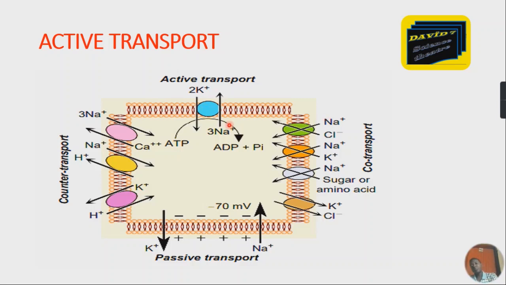If we look at this, we have potassium getting out and a proton entering, so this is a potassium hydrogen pump. Now we have sodium entering and hydrogen getting out.